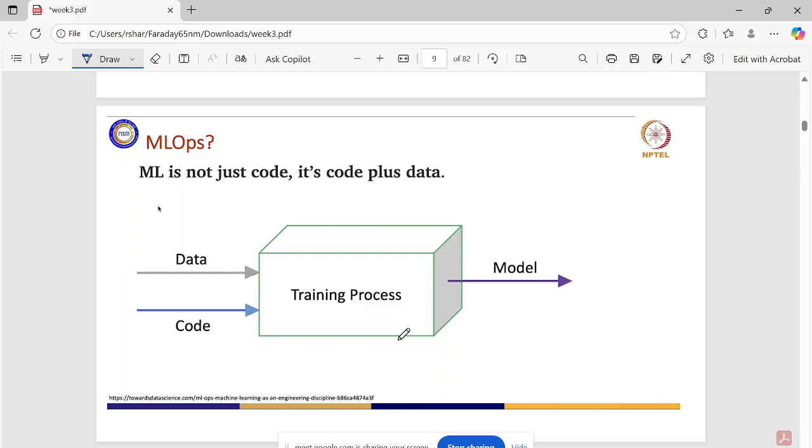We have to implement it, deploy it, see it operational, and see the people are using. Now it's like two things, deployment and operational, and it is related to machine learning. So it is called MLOps.